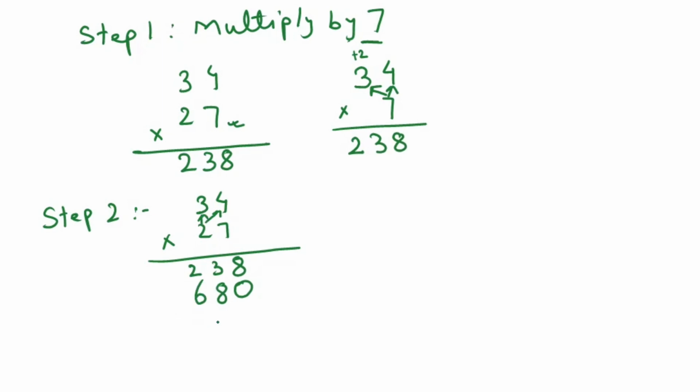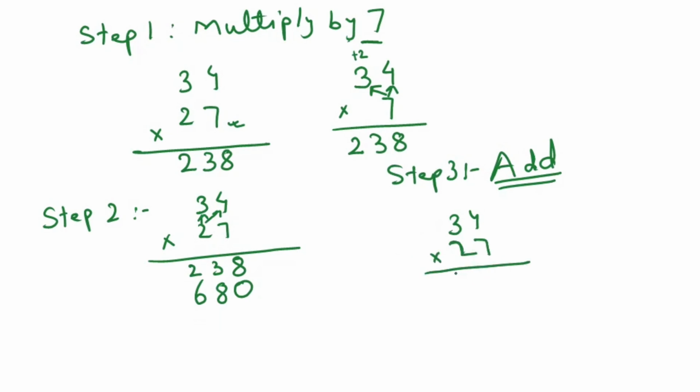Now step 3 is we have to add 34 times 27, the two results, 238 and 680.